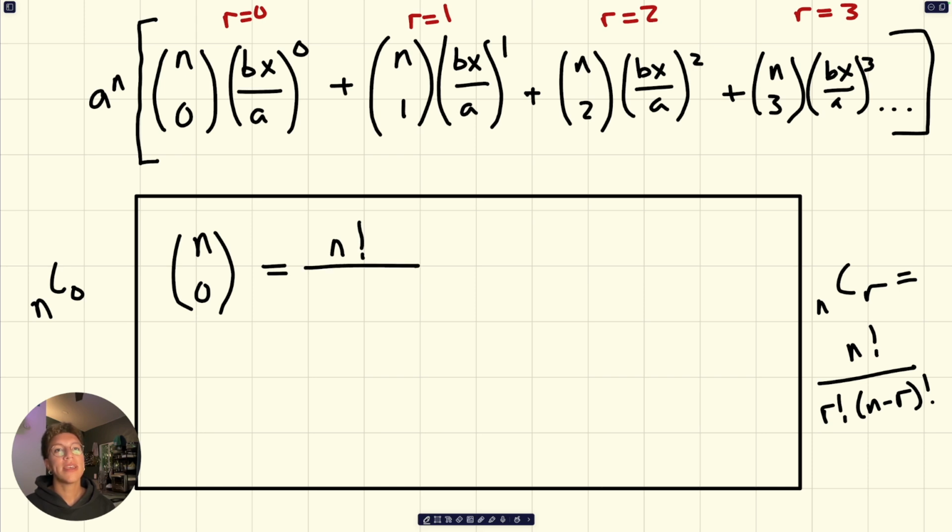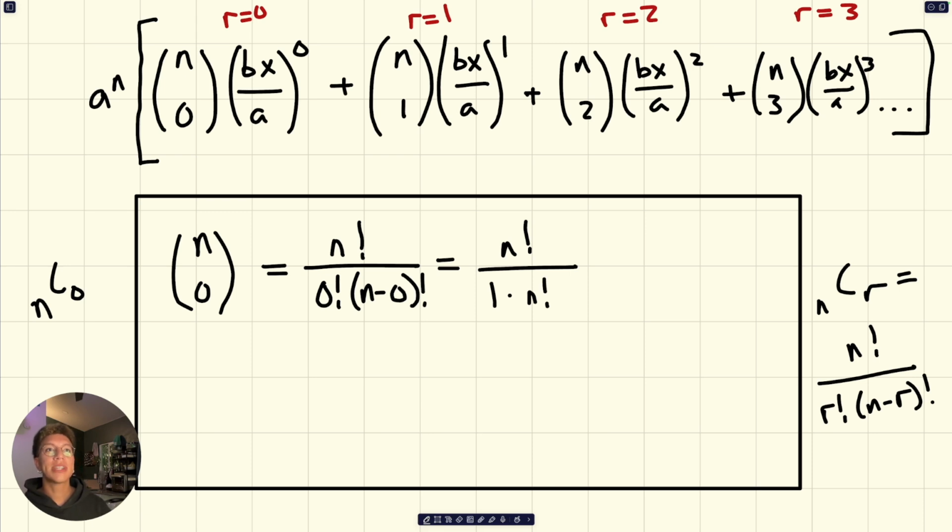So we're going to get 0 factorial, and then n minus 0 factorial. And that simplifies to n factorial over 0 factorial is 1, n minus 0 is n factorial. We have n factorial on the top and bottom, which cancel, and that gives us just 1.